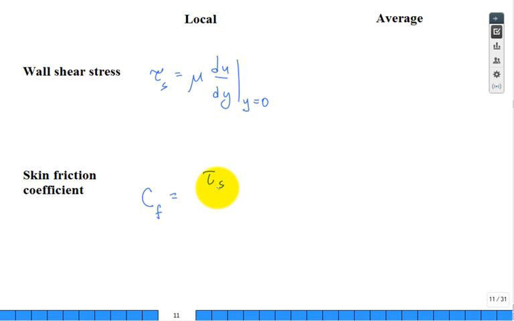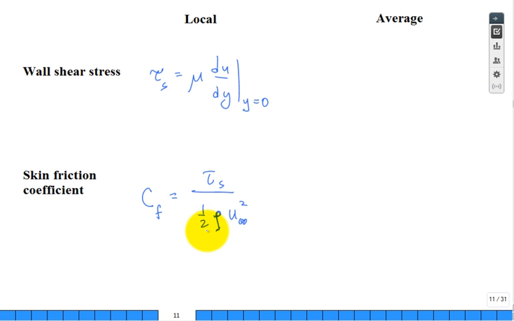Tau sub s divided by our dynamic or velocity pressure. Most people would call it dynamic pressure, 1/2 rho. Is it u squared, or is there a subscript on that u? Infinity, U infinity. Very good. U infinity squared. Hey, what is rho? Mass density of the fluid or the mass density of the plate? Mass density of the fluid.